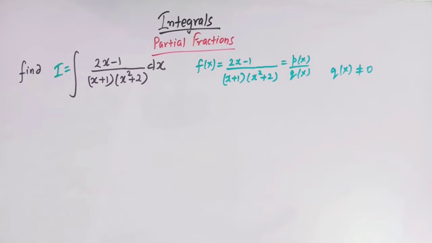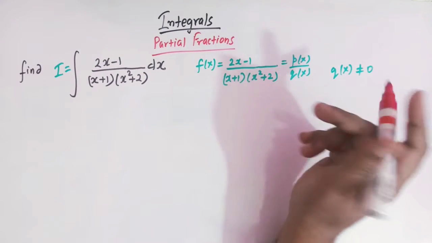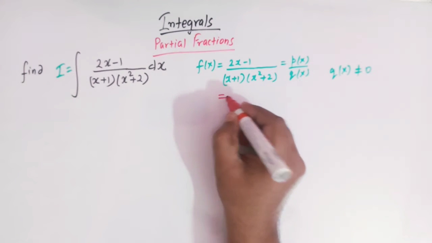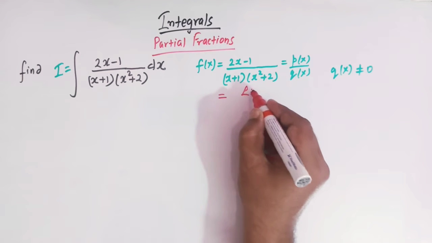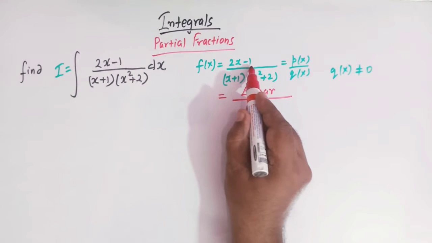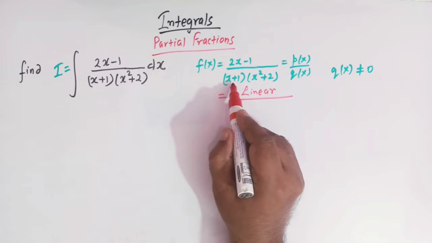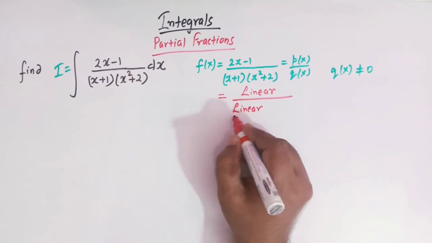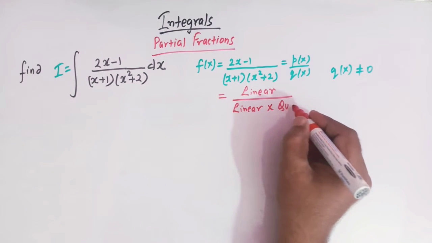By structure of the rational function we mean that in the numerator we have a linear polynomial, and in the denominator we have a linear polynomial, and then a quadratic polynomial.